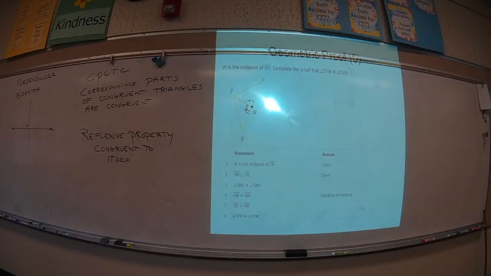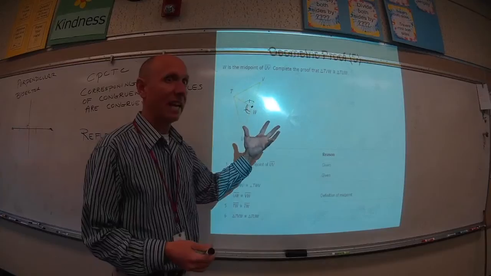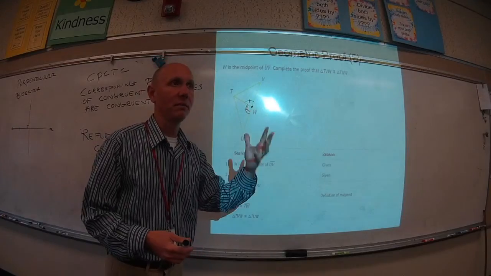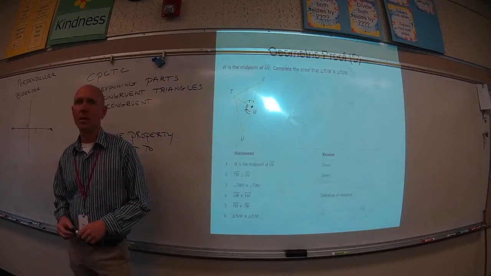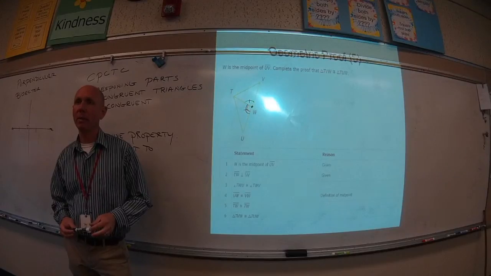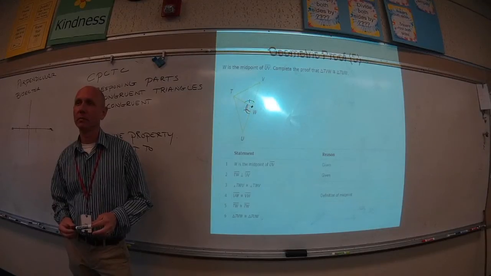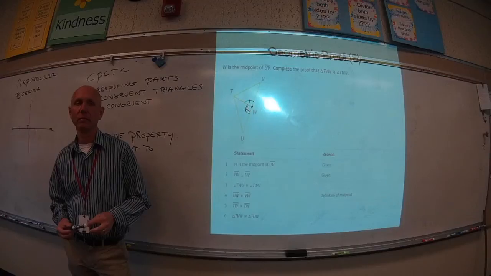Definition of midpoint says it makes two equal segments. Doesn't say anything about angles. It's not reflexive because this angle is not the same exact angle. It's the same measurement, but. Read down all the reasons on that paper, Ellie.